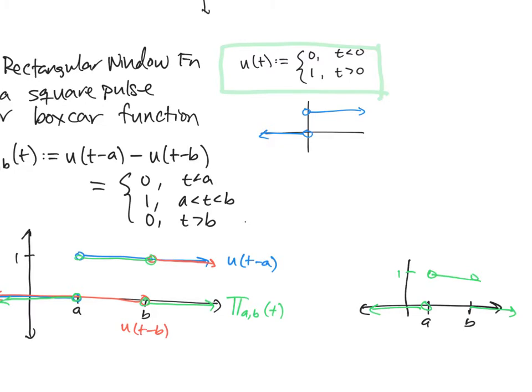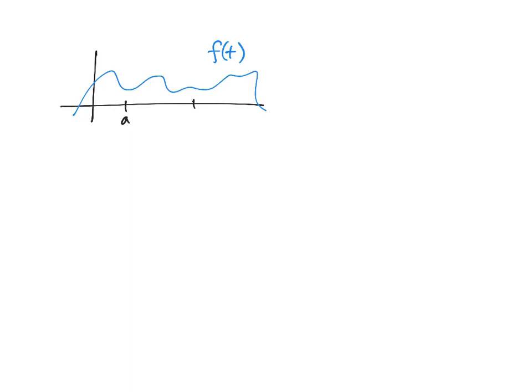So to see this, let's just get a brand new piece of paper. Let's say we have some function that looks like whatever it looks like. We'll draw it in blue. So this is some function f of t. And let's say we want to look at just what's happening between the values a and b.